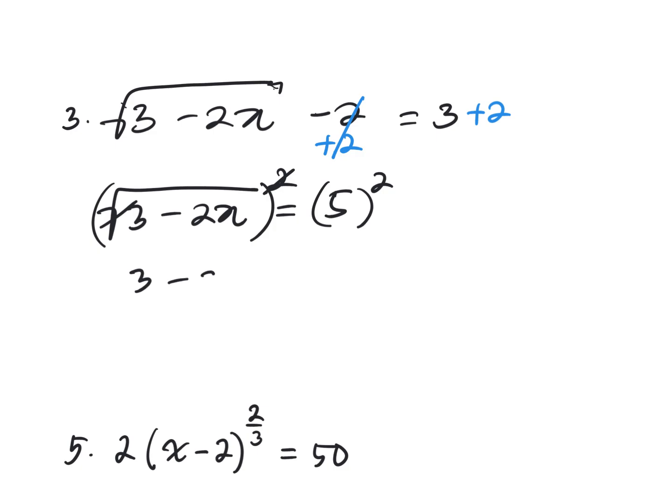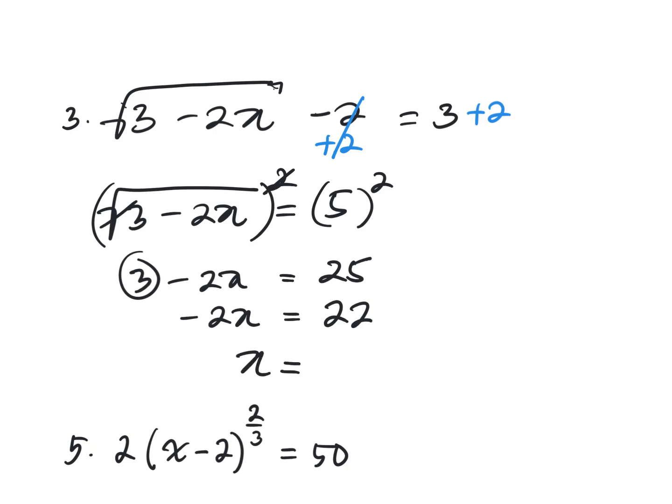Okay, 3 minus 2x is equal to 25. Okay, transposing the 3 on the other side, that's going to leave me with 25 minus 3, which is going to give me 22. Dividing both sides by negative 2, therefore my x here is going to be negative 11. Okay, that's it.